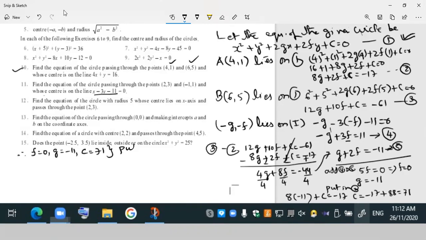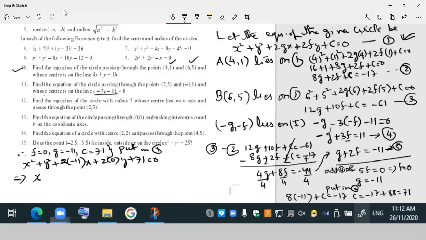We get x square plus y square plus 2gx plus 2fy plus c equal to 0, with g as minus 11, f as 0, c as 71.